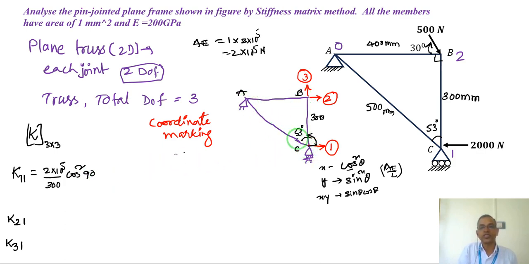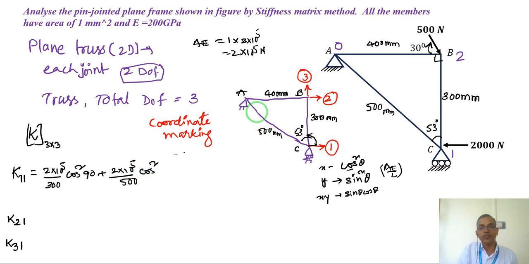So CA is there. So plus AE by L. So 2 into 10 power 5 by L for this member is 500 millimeter. This was 400 millimeter. By length is 500 into cos square.